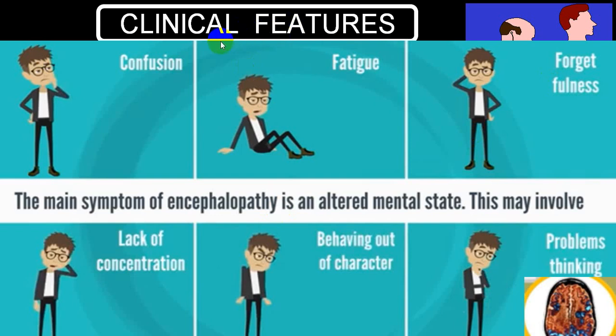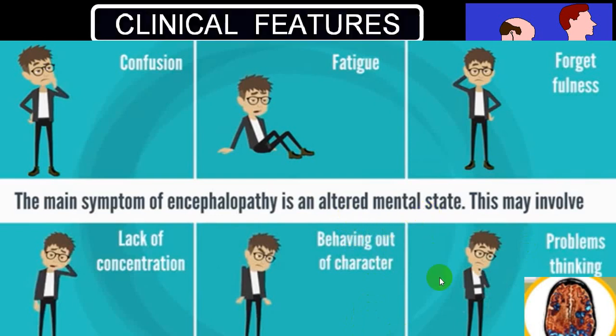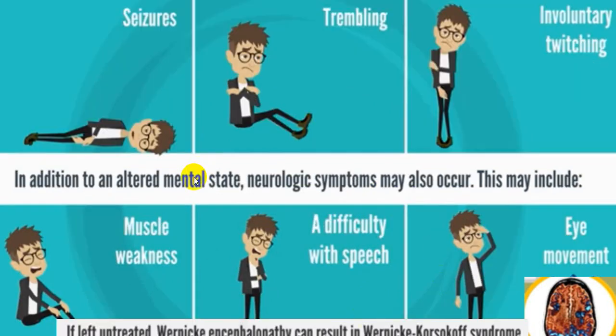Some of the common features in general in encephalopathy will be confusion, fatigue, forgetfulness, lack of concentration, behavior changes, thinking problems, etc. Together we put them into altered mental status. A person can have seizures, tremors, involuntary twitchings, which are very commonly seen particularly in hepatic coma, uremic encephalopathy, and also in carbon dioxide narcosis.